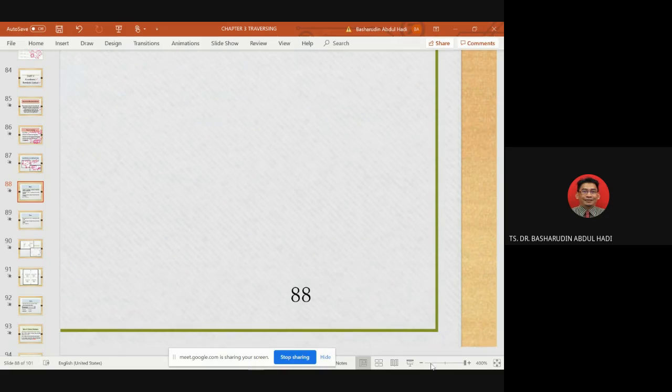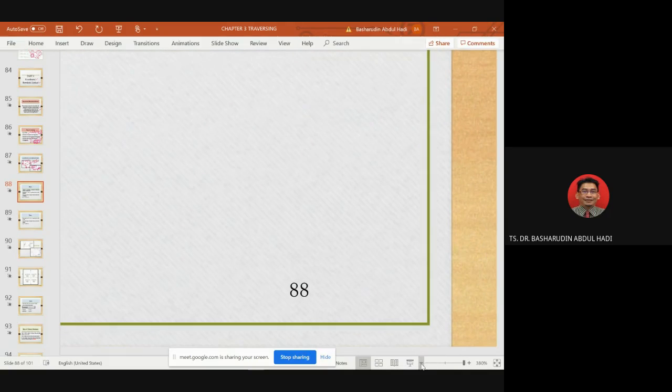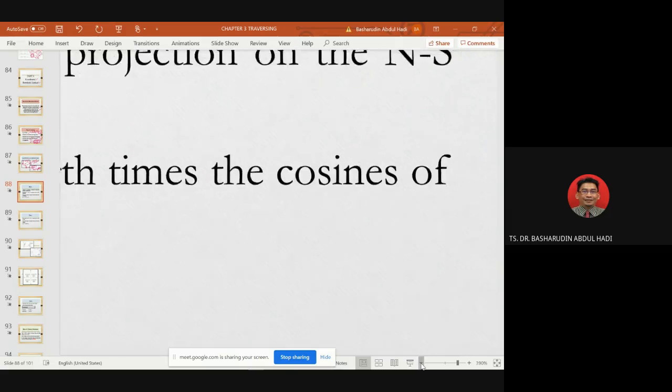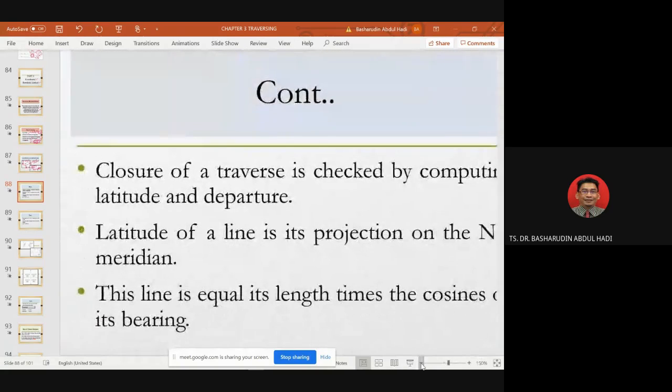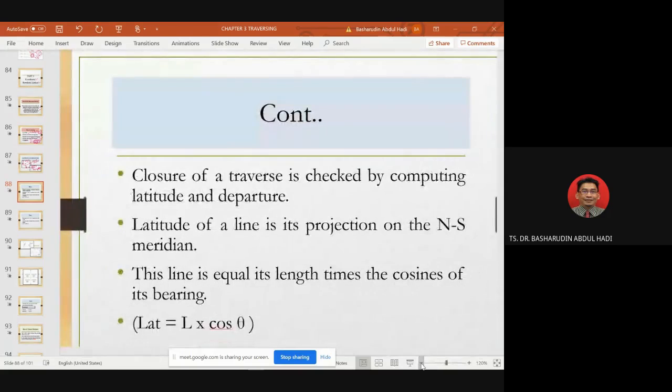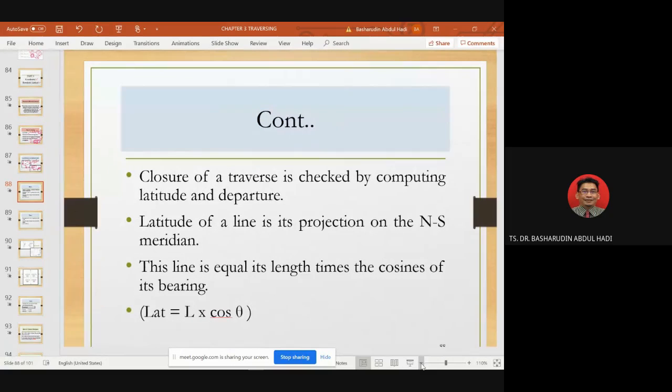We go to slide number 88. Okay, number one. Closure of a traverse is checked by computing latitudes and departures.